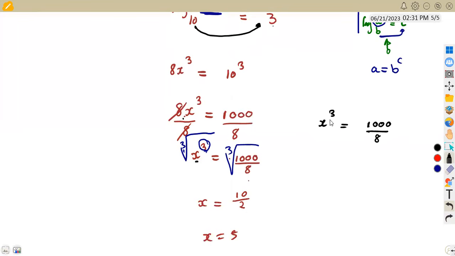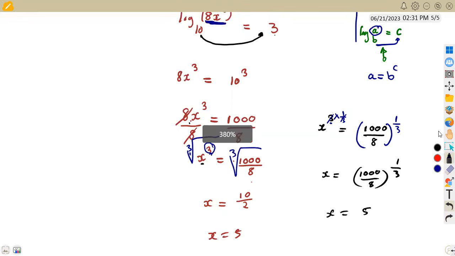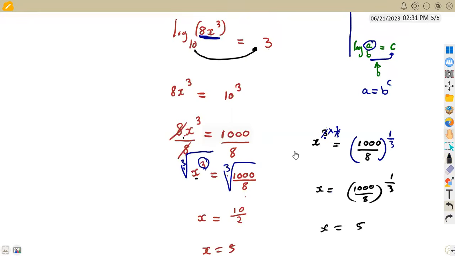To remove the exponent of 3, we can raise everything on the right-hand side to the exponent of a third. 3 times a third is 1, meaning we remain with x being equal to 1,000 over 8 to the exponent of a third, which you can simplify from your calculator. Still, you are going to obtain your x as a 5. So this is the value of x that we were supposed to have.